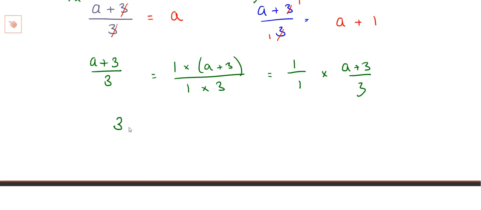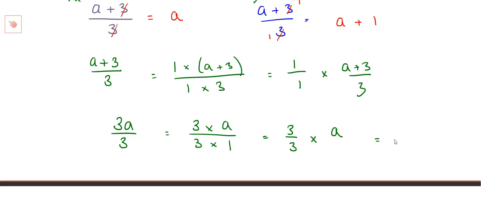So if we did 3 times a over 3, we can, because now it's 3 times a over 3 times 1, and we kind of need that. So then it's 3 over 3 times a over 1, and the 3 over 3 is the 1.